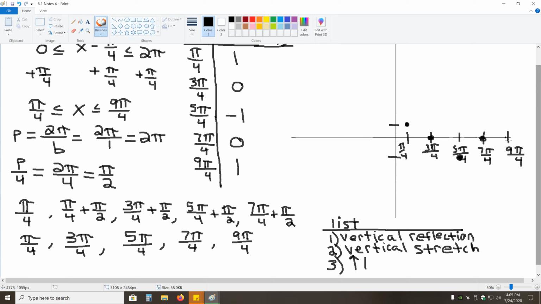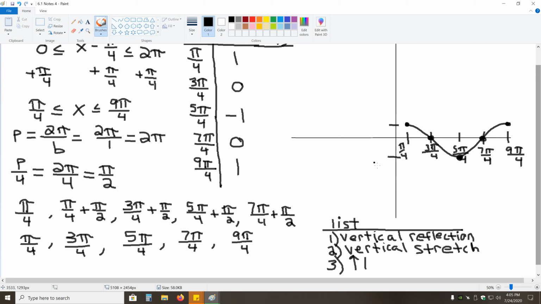And 9pi/4, 1. So we get the parent, well, not the parent function, I apologize. We get the base function that looks like this. I apologize if this looks like it has a bit of a V shape to it. It should be more curved than that. Let me redraw this.